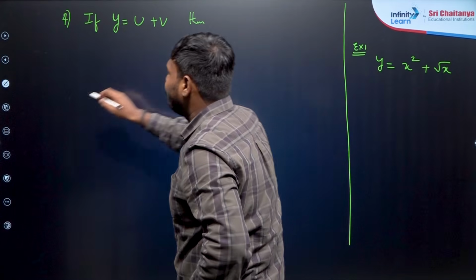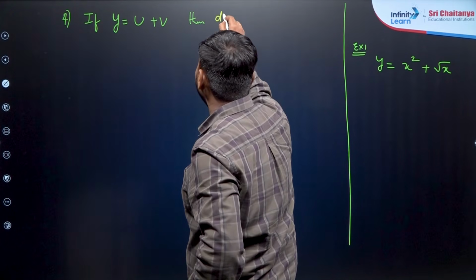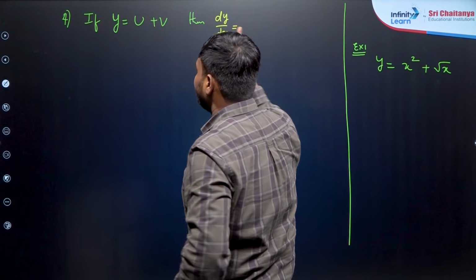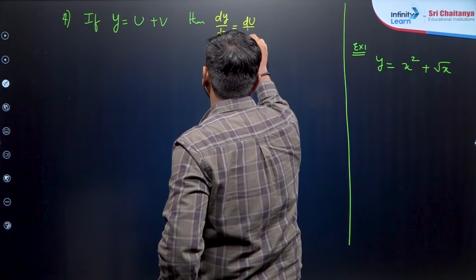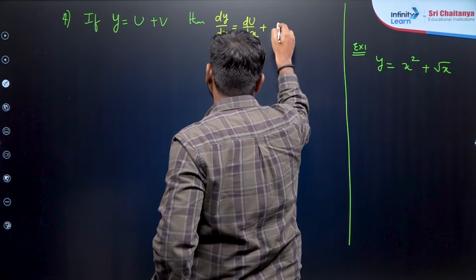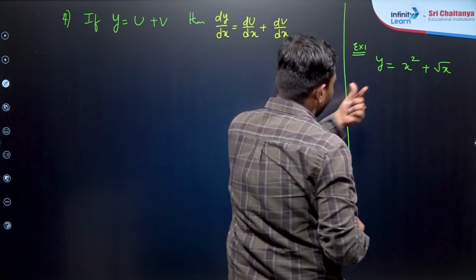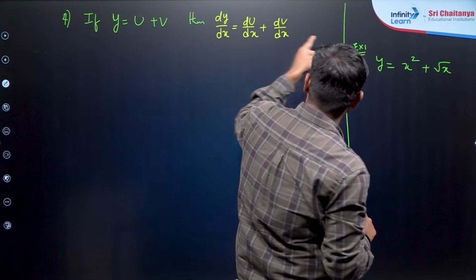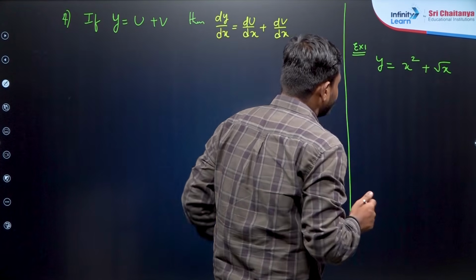Then what will the derivative become? dy by dx, if you apply derivative on the LHS and RHS, will become derivative of u plus derivative of v. That means we have to differentiate x square, differentiate root x and add both derivatives. This is the formula for a u plus v function.